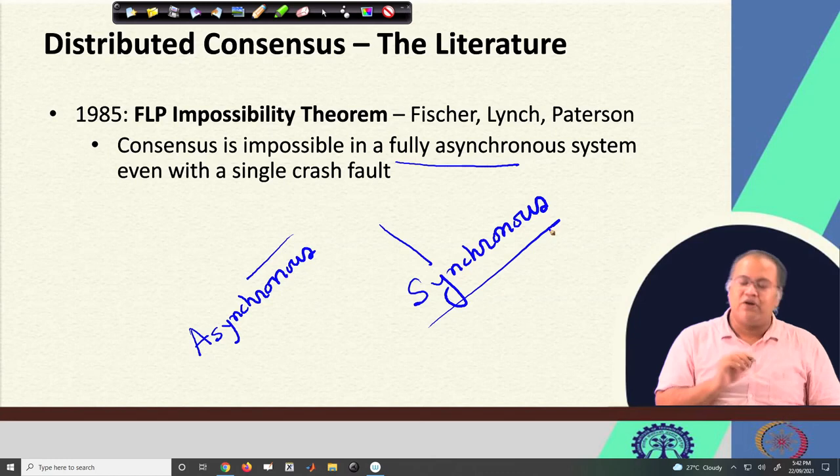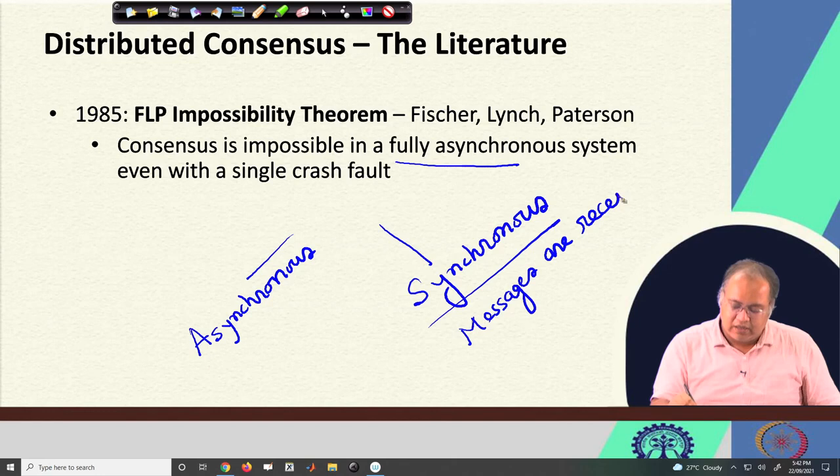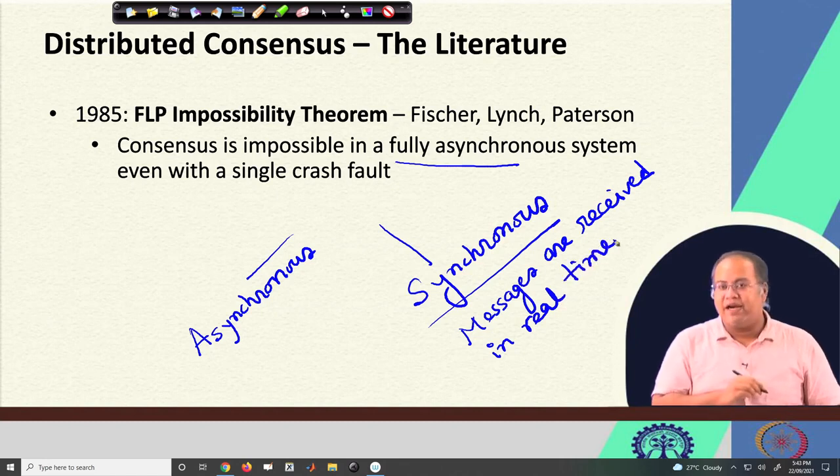In case of a synchronous communication channel, your messages are received in real time. What does real time mean? Real time basically means that whenever you send a message, the other person gets it.